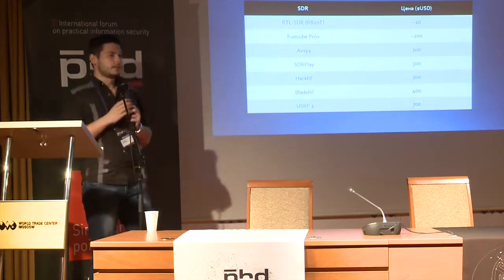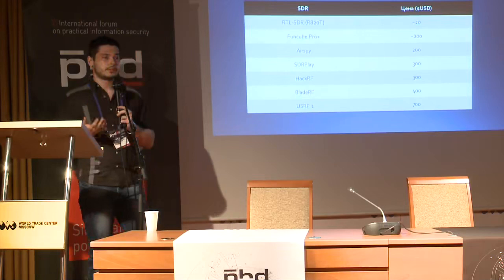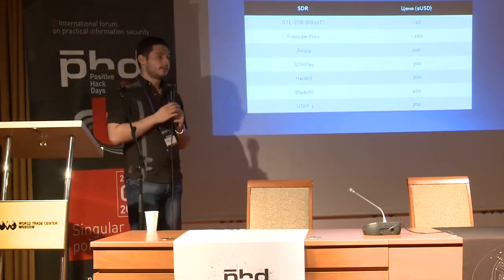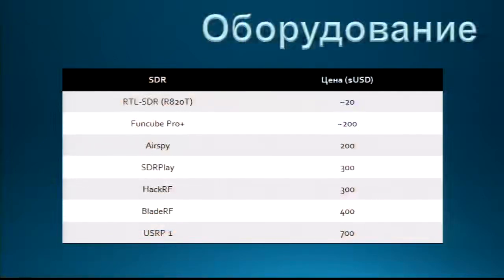The equipment used for all these projects is not outside the realm of fantasy, price-wise or difficulty-wise. As you can see from this spreadsheet, in order to do data interception in the GSM standard, you don't need any super expensive equipment.